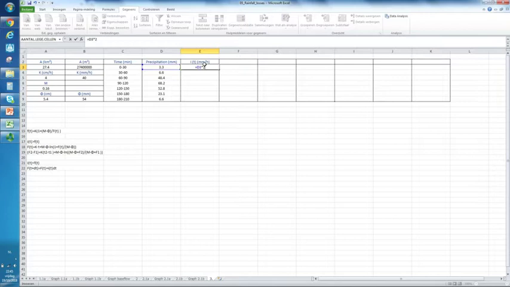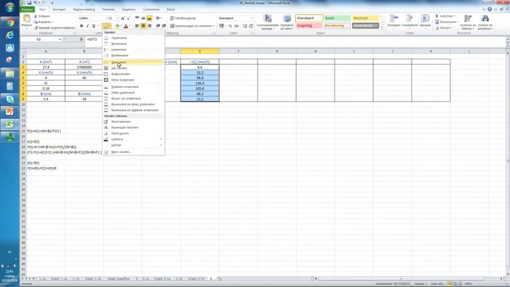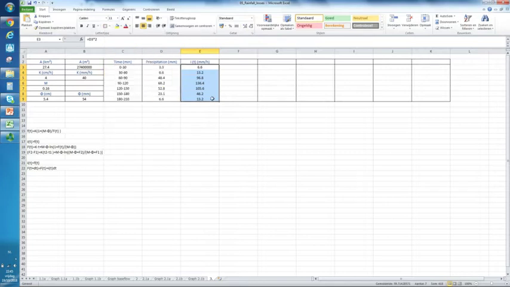So to get the rainfall intensity, we multiply here by 2. Let's drag this to the end, and so we get the value that we need. Let's make this a little bit more clean, like that, and like that.